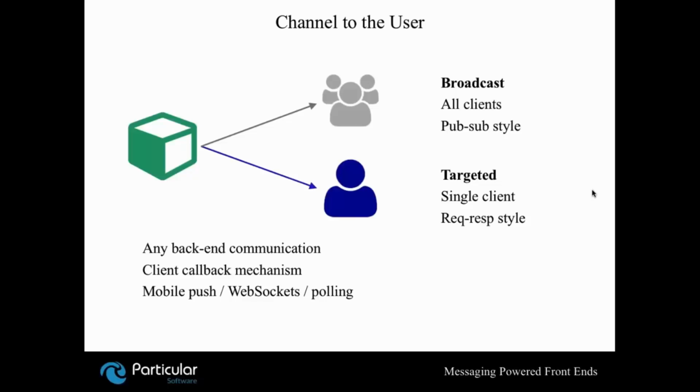And what you're going to use for that channel depends on what it is you're building. If it's a mobile app, most of the cloud providers, Azure and AWS, have a mobile push solution, so you can send push notifications out, again, broadcast or targeted. If you're building a web solution, which is what we're going to look at today, then we've got WebSockets, which are a core part of most web servers and most modern browsers, modern going back a couple of years.